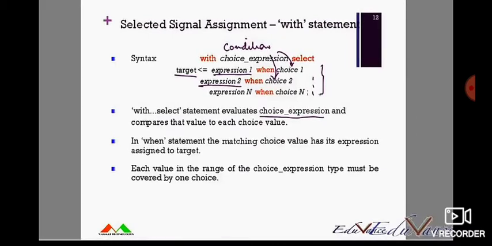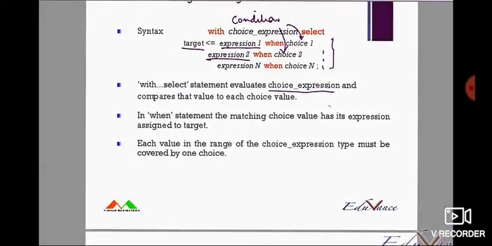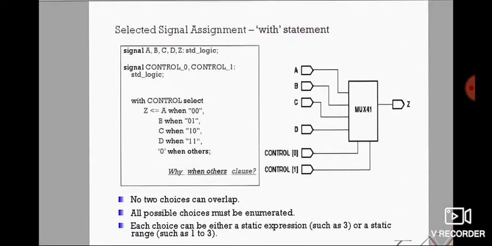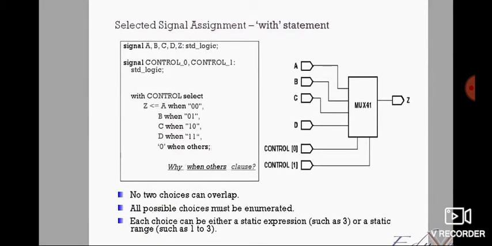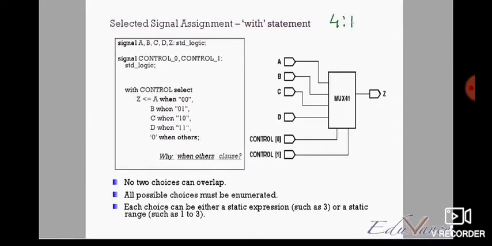Now, compared to your when else statement, we will see what's the difference. For example, if I want to model a 4:1 multiplexer with 2 control lines or select lines, 4 inputs and 1 output, I specify my input and output as signals of type standard_logic.